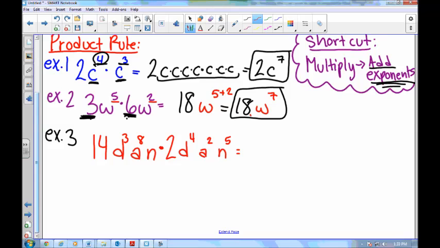Okay, so if we were to show our work for Ms. Gray, let's start with the variables. I'm going to leave space for coefficients, I'll get back to this in a sec. D to the, what do I do with the D's? Add those two, add 3 plus 4. So to make Ms. Gray happy for this first assignment, I'm actually going to show that, even though we can do that in our head.